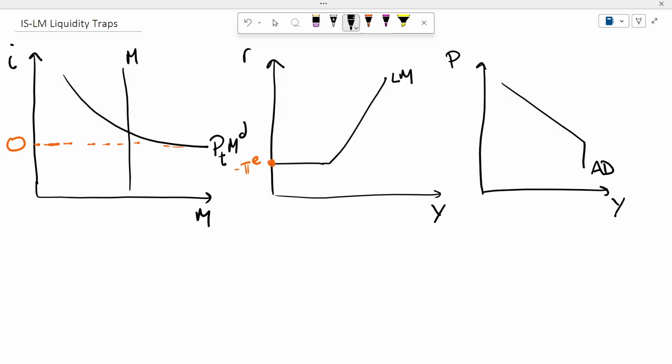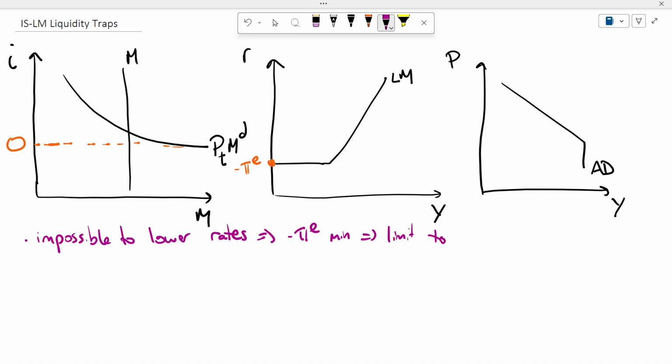It is the flat part of the PTMD curve, it is the flat part of the LM curve, it is the flat part of the aggregate demand curve, and the idea being here is that it is impossible to lower rates, and that means that minus pi e is minimum, and that means there's a limit to Y stimulus, right, via R.